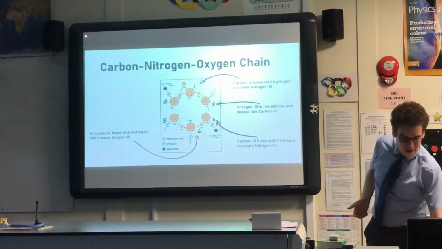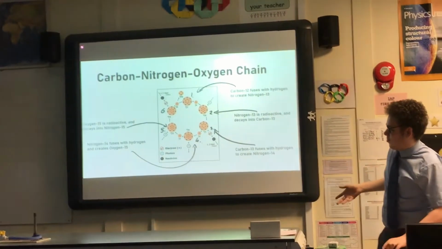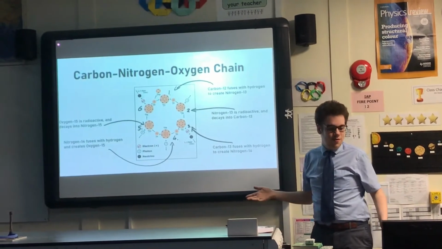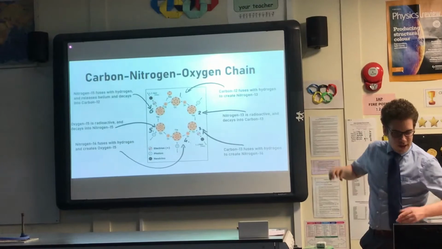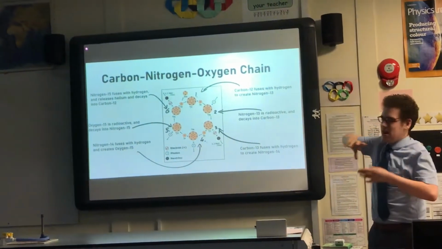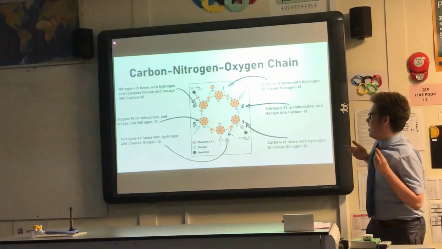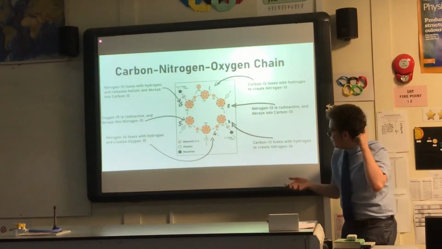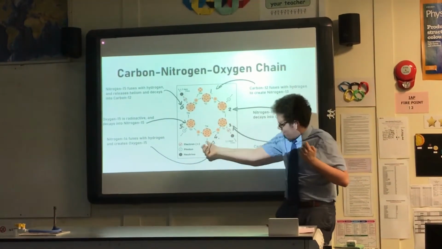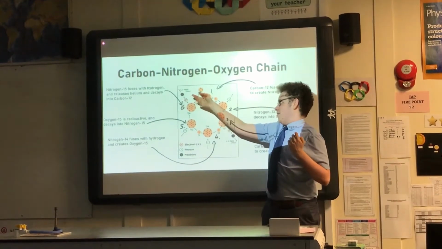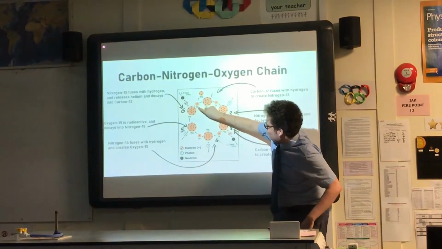Now oxygen 15 is radioactive, so it decays into nitrogen 15 to become more stable. And then finally, nitrogen 15 fuses with hydrogen, and this releases a helium atom and decays into carbon 12. And so the cycle starts again. We use carbon 12 and go along here, and this converts 1, 2, 3, 4 hydrogens into helium.